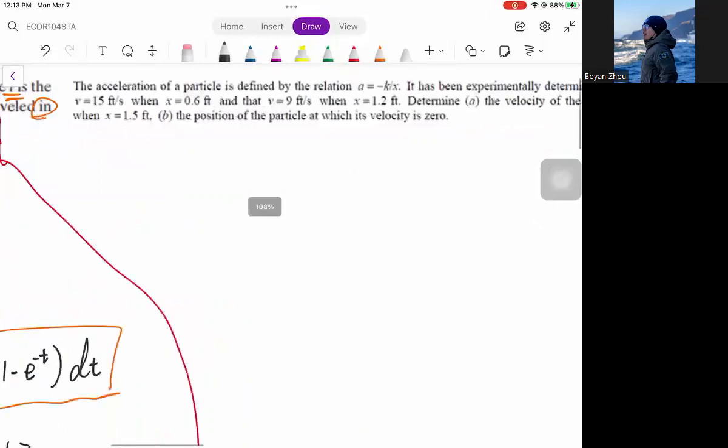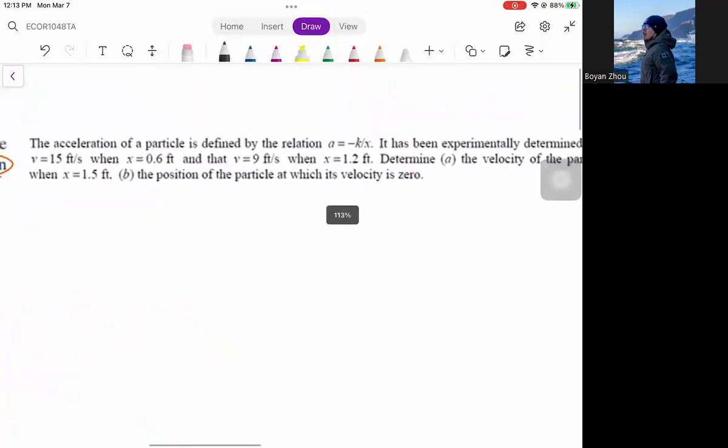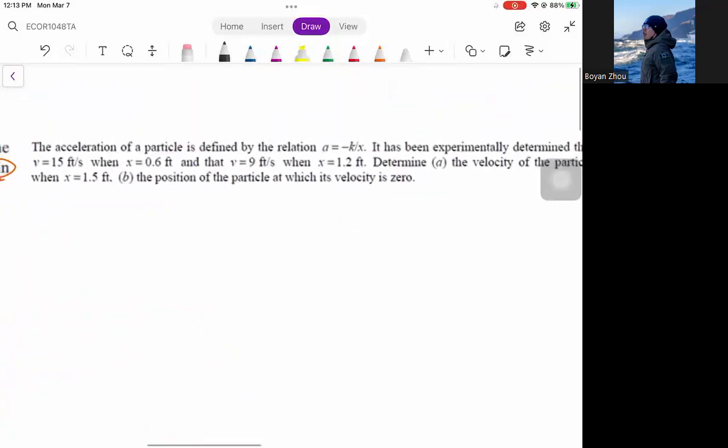So for this one, again, a particle is moving by the relation. The acceleration is actually a function of the displacement, so acceleration a equals -k over x.